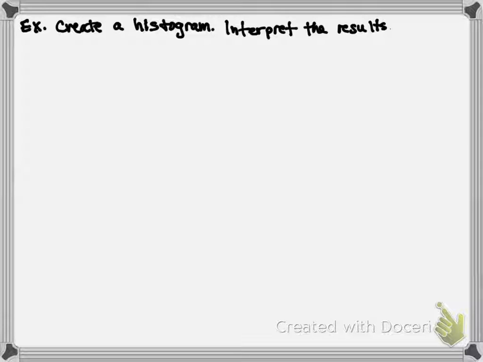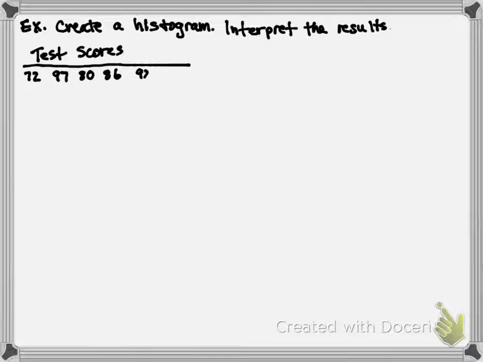All right, so here we go. Are you guys ready? This is a ton of data. Test scores. So maybe a teacher, a couple classes, whatever, wrote out test scores for students, and here they are. Are you ready? 72, 97, 80, 86, 92, 98, and 88.